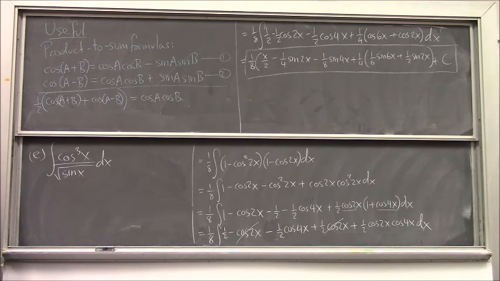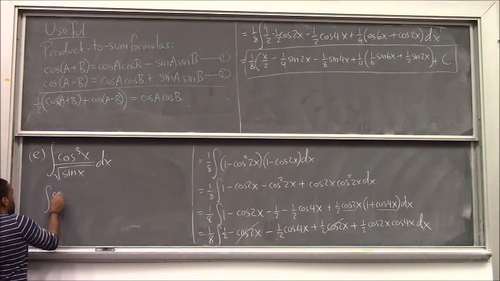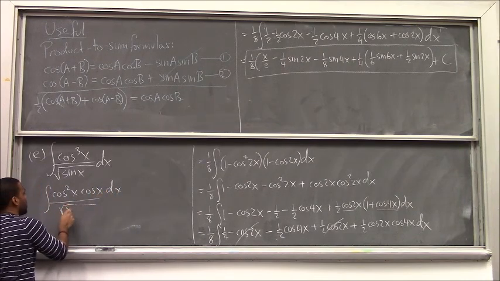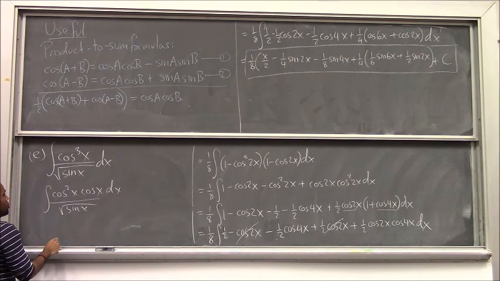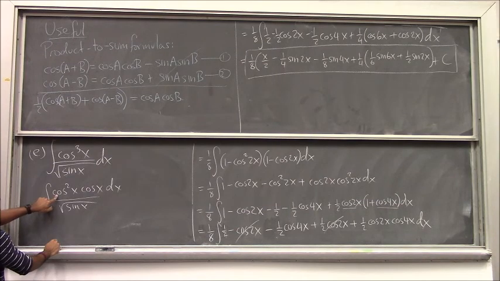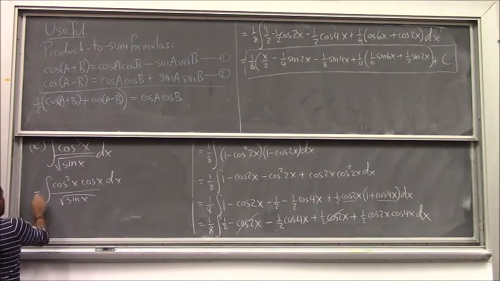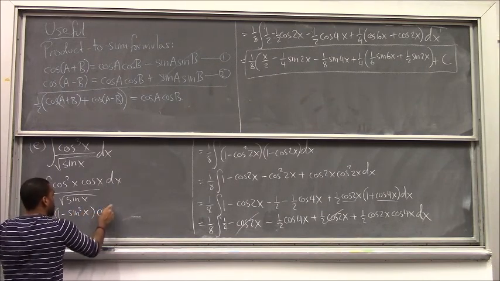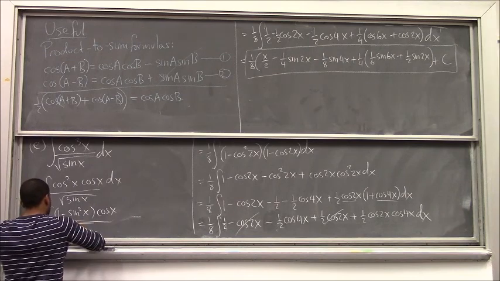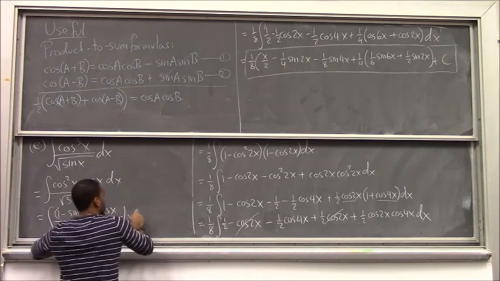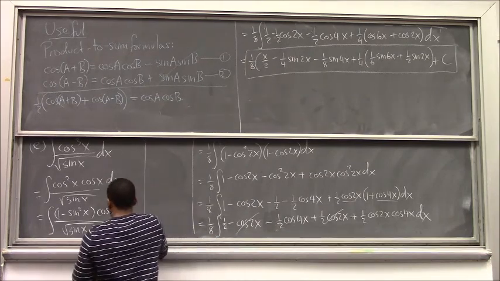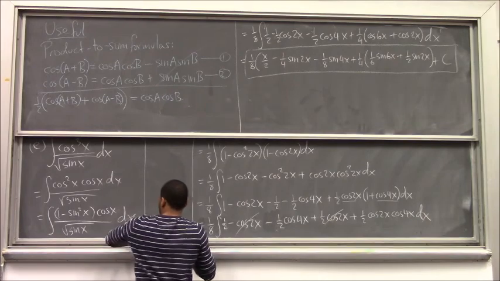You leave a factor of cosine out, and then let u equal sin x. Okay. So you're going to want to change this guy then? Oh yeah. Right. So that's 1 minus sine squared of x times cosine of x over the square root of sine x dx. At this point, a substitution of sine would give us what we want.